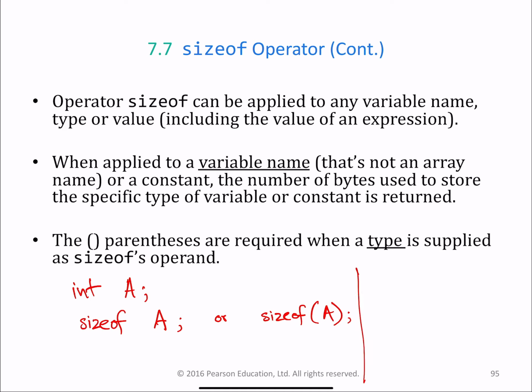But if you want to check the size of a specific data type, not a variable, just a general data type, then you have to stick with the use of parentheses. So this will give you the size that an integer takes in number of bytes on the system that you're running your code on. So for variables, one or the other. When you're checking the size of a data type, you have to use this parenthesis notation.